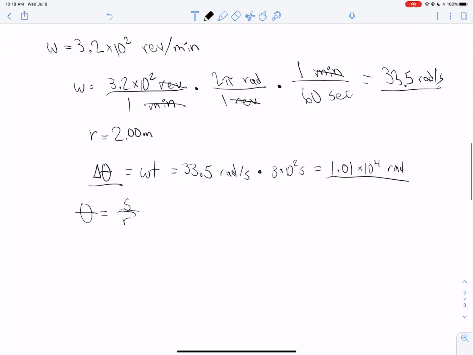So if we solve for this, S is equal to theta times R. Our theta is 1.01 times 10 to the 4 radians times 2 meters, which is equal to 2.02 times 10 to the 4th meters. So that's the distance that the rotors cover when spinning around in 300 seconds.